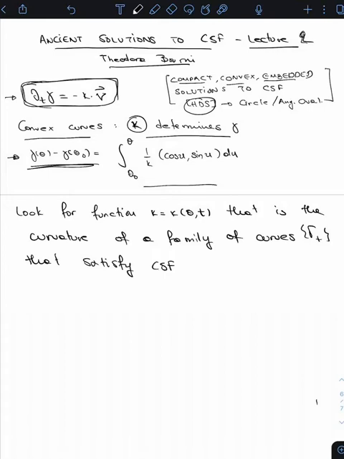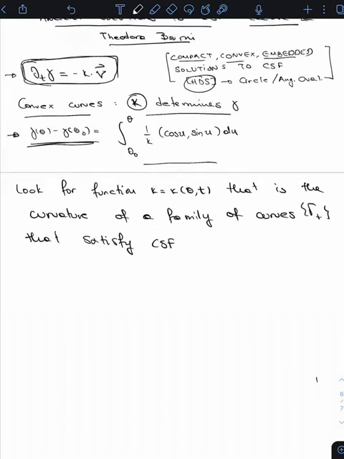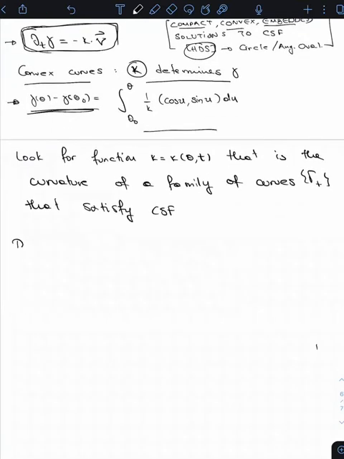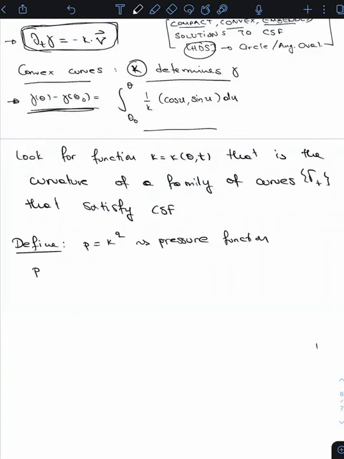Okay, and to do that, we're gonna use a function called the pressure function that is the square of the curvature. So we define P to be equal to kappa squared, and we call this the pressure function. We're gonna look for P equals P(theta, t).